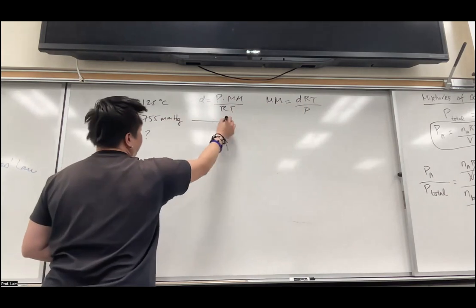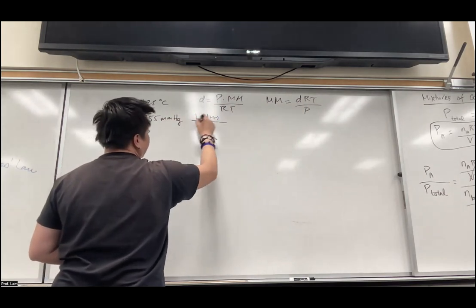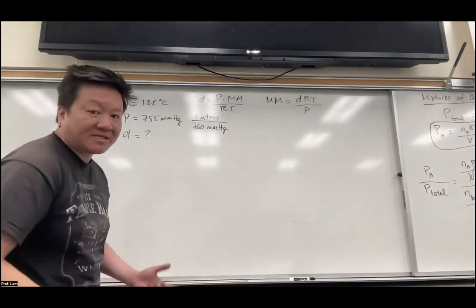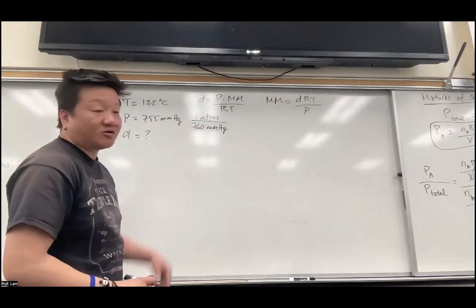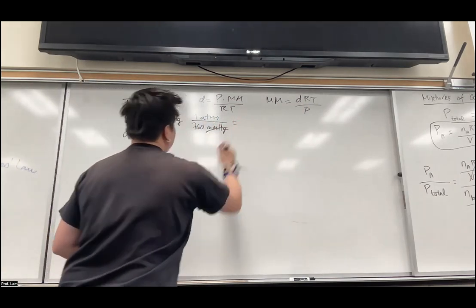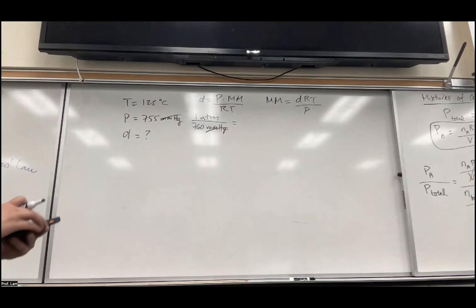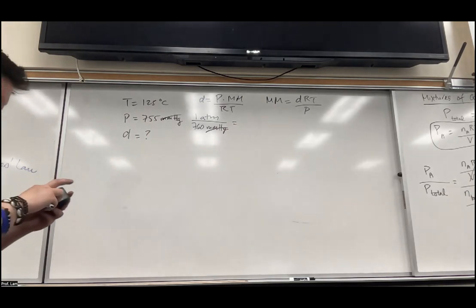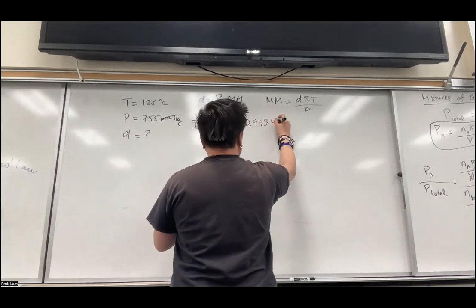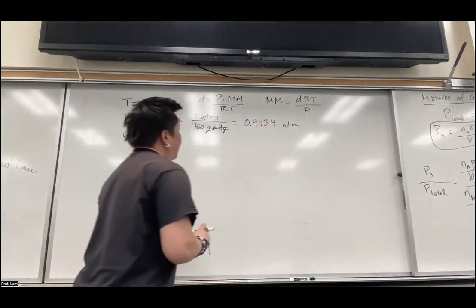This is not in atm, so we need to convert to atm. Remember, the equivalency is 1 atm is 760 millimeter mercury, so we divide by 760 to get that into atm. Keep lots of sig figs, so 0.9934 atm. That's your pressure.